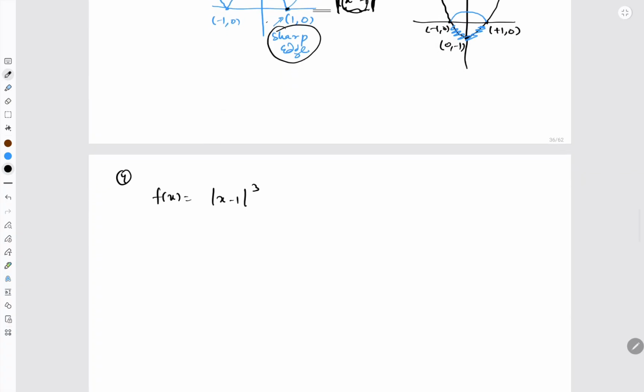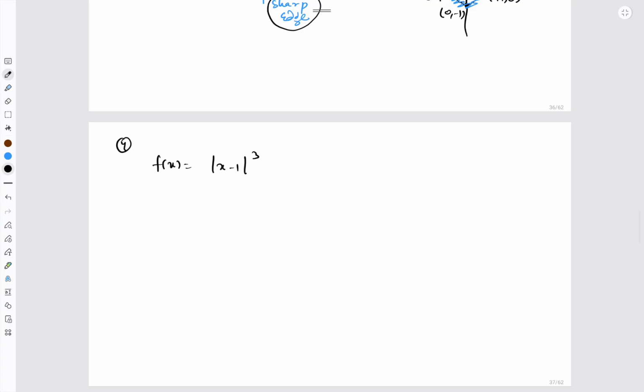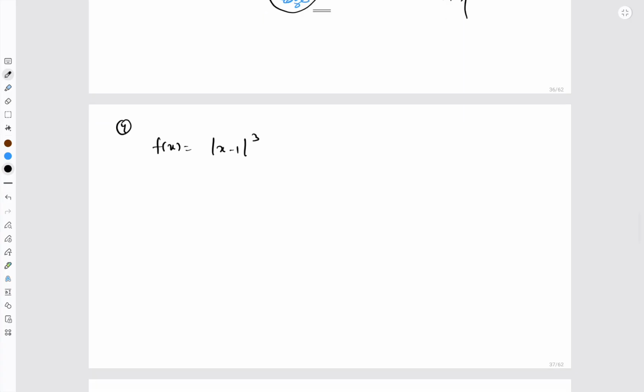I mean, we cannot draw a graph here. Actually we can, but let us solve it by that method as well. So the left hand derivative means the derivative of the function if x is less than 1. The right hand derivative means the derivative of the function if x is greater than 1, right?